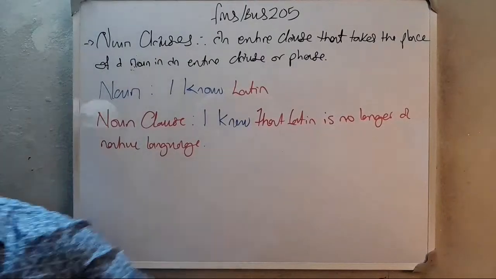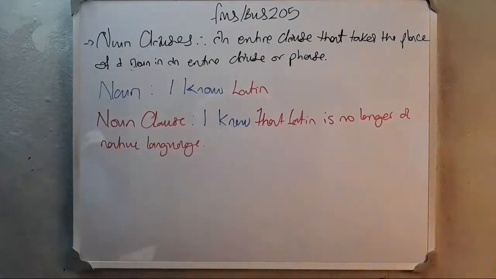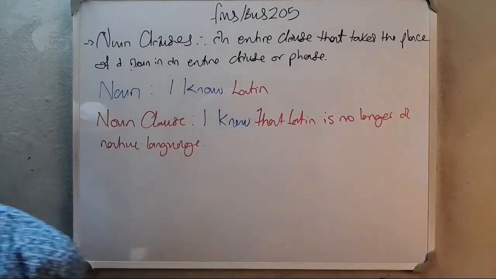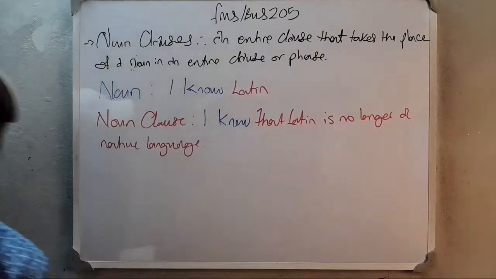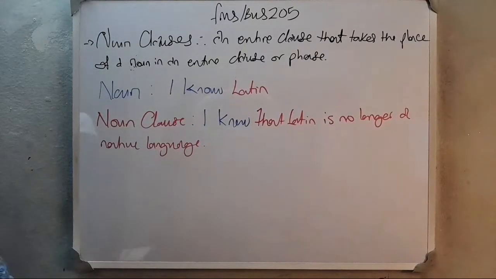An adjective clause on this side is a dependent clause which takes the place of an adjective in another clause or phrase, just like the noun clause.